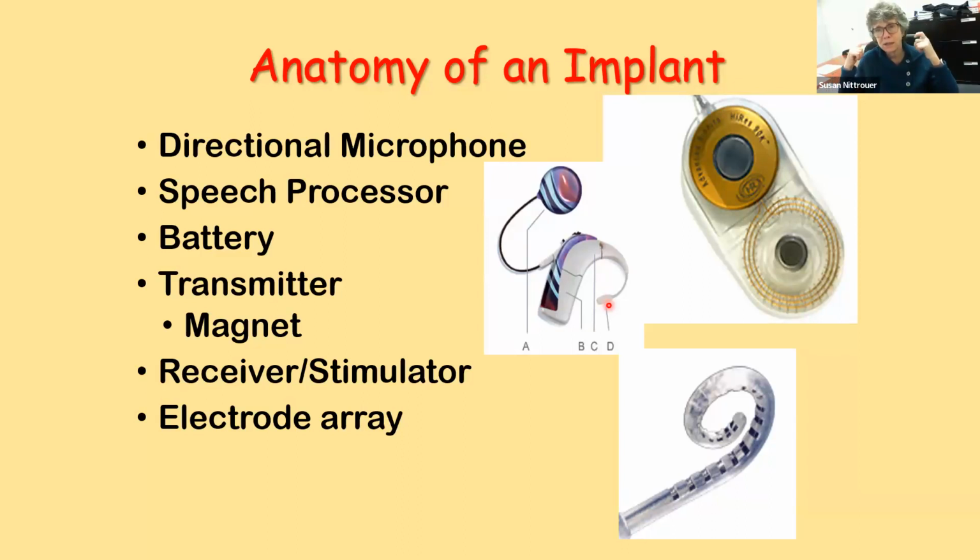You might also get some of the filtering of the ear canal. And then this is the processor that sits externally. This is the part that is implanted under the skin on the scalp. And then this is what goes into the cochlea, wraps around the scala tympani in the cochlea. Okay?